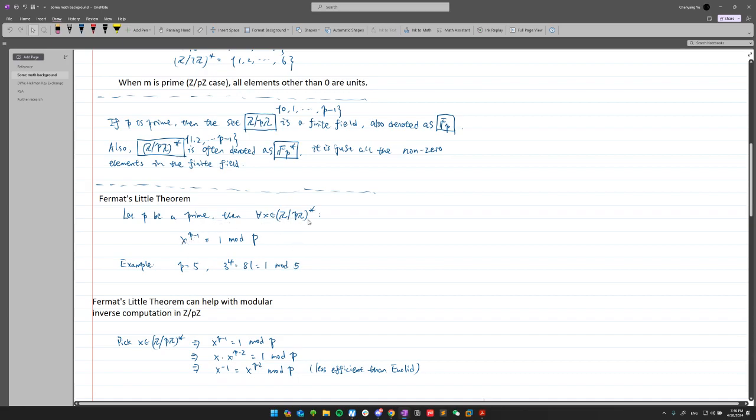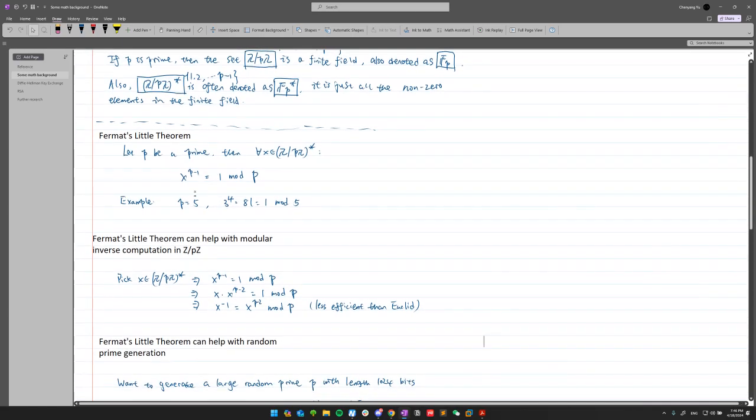For example, when p equals 5, you have 3 to the 4th equals 81, which mod 5 becomes 1. This formula holds for every element in the unit group.